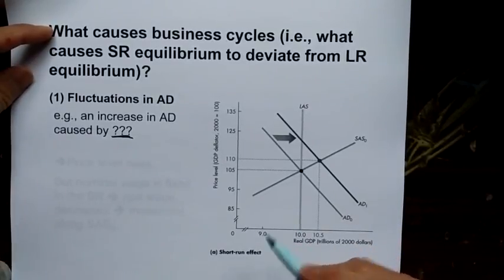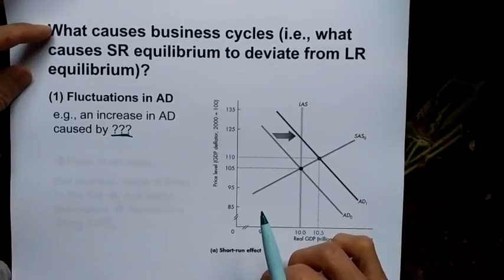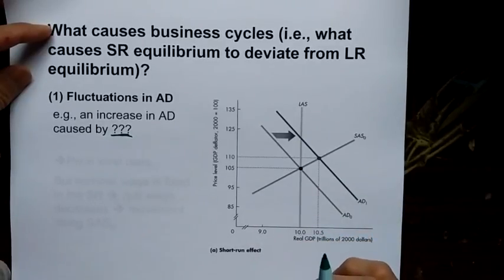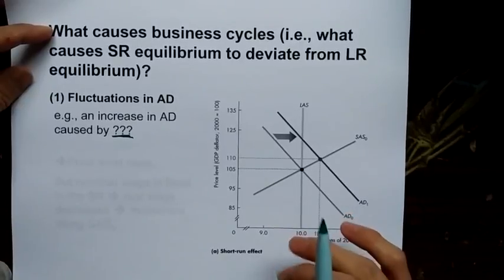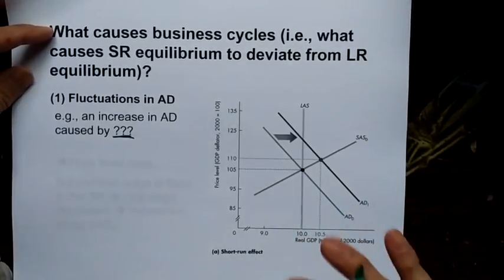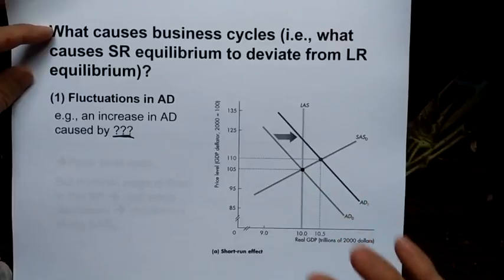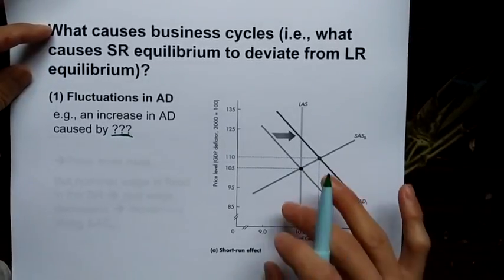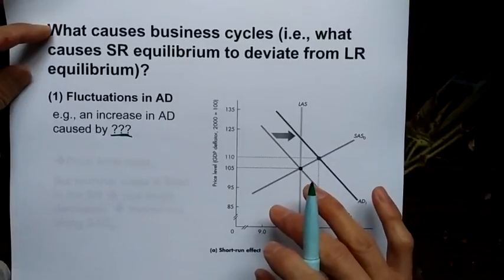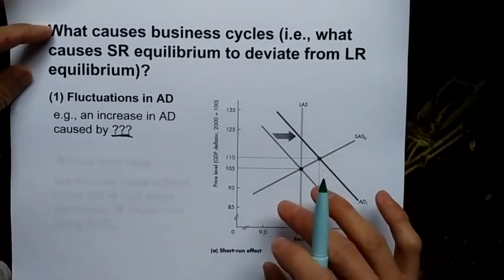What causes aggregate demand curve to shift? Anything else other than the change in the price level, right? Anything else that changes aggregate demanders' behavior. What is aggregate demanders' behavior? Aggregate expenditures.